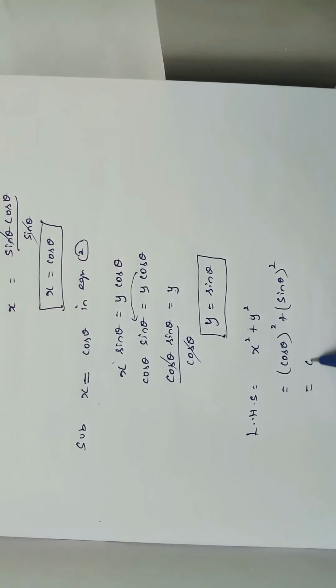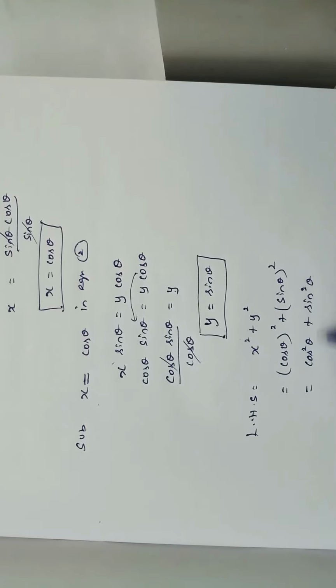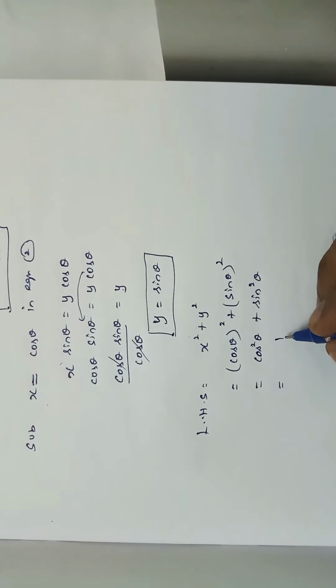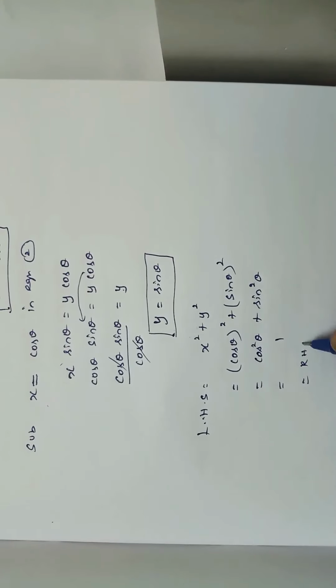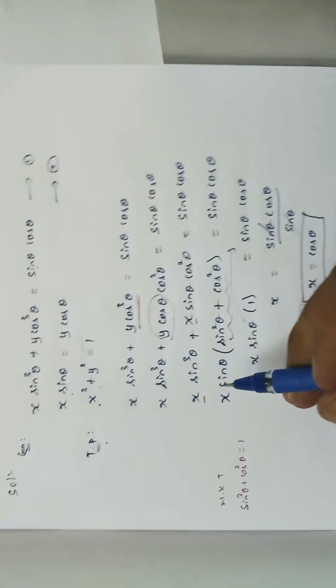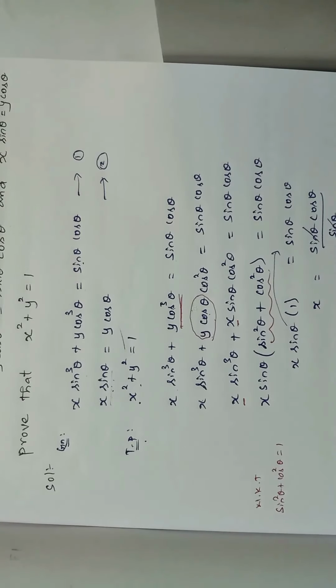So cos square theta plus sin square theta. We know that it is equal to 1, which is the RHS. Hence proved. Understood? In this sum, we get the final proof very easily.